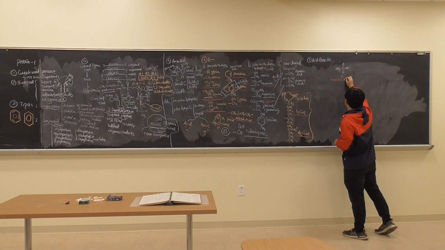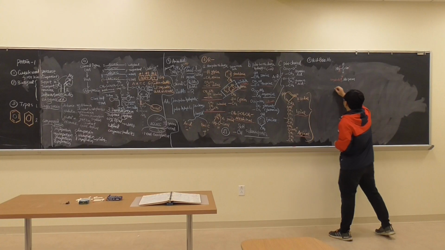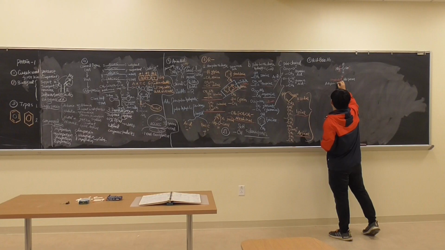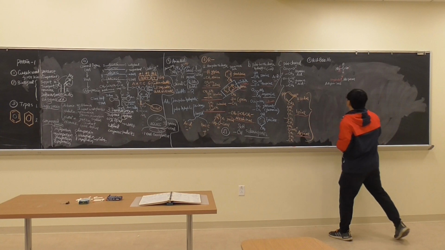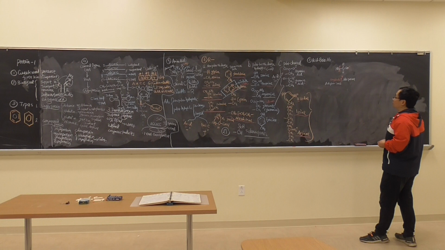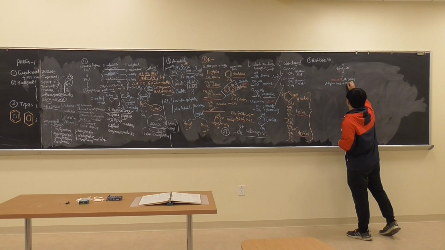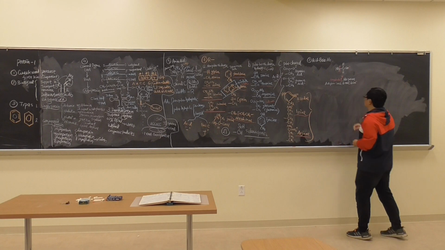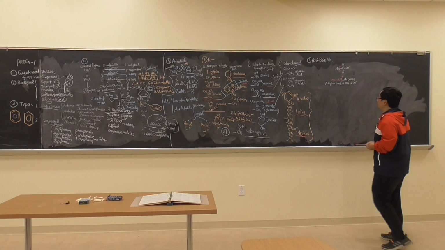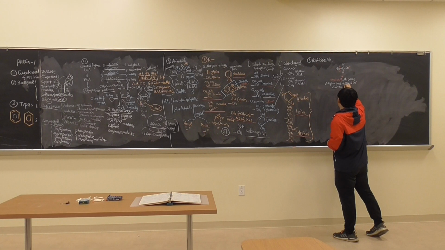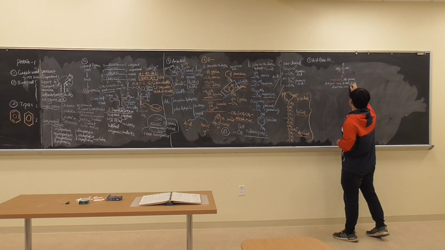The amino acids are present as dipolar ions. It could be positively charged or negatively charged on the two ends, the alpha amino group and the alpha carboxyl group. So we give them a name called zwitterions, or we say zwitterion status.